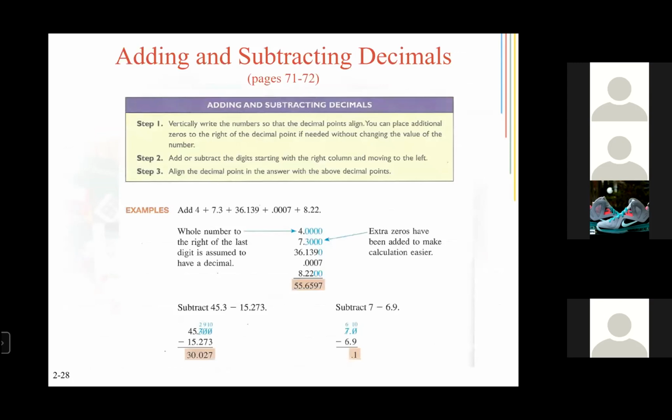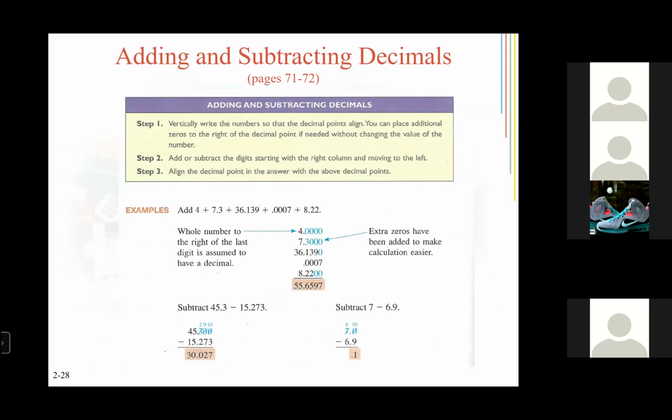Now the addition and subtraction of decimals. I think you have enough information on that screen to tell me the procedure for adding and subtracting decimals if you're doing it manually. Of course, if you're using a calculator, you just enter it. But if you have to do it manually, what do you notice?